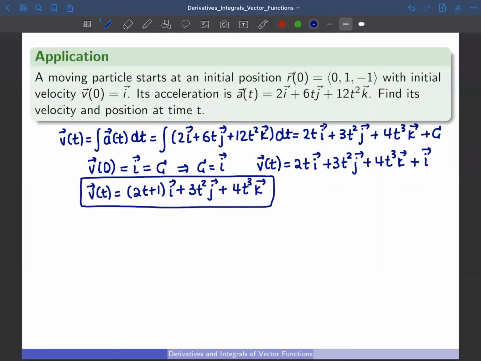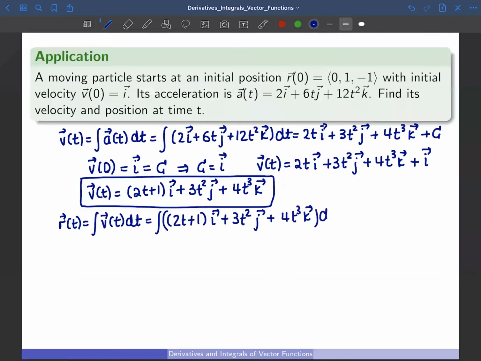Now for the position vector, vector r(t), that will be equal to the integral of the velocity vector times dt. So this is equal to the integral of 2t plus 1 times the vector i plus 3t squared times the vector j plus 4t to the third times the vector k times dt.